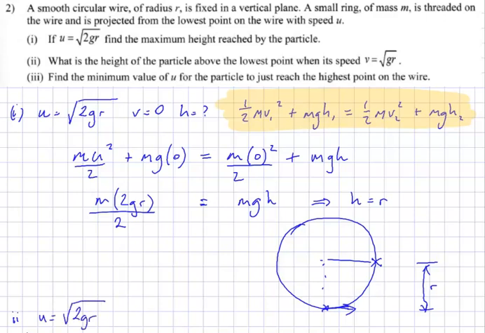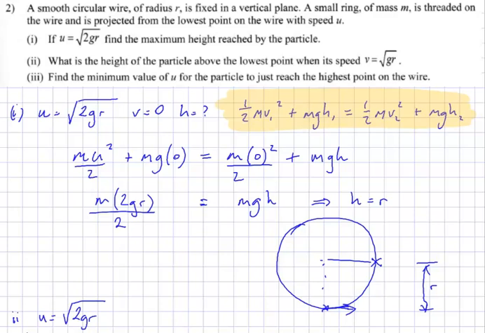But what we're asking is, in that movement that it goes side to side, how far up the side here does it go at the moment when it has a speed of root gr? So whereabouts is it when it has a speed of root gr? It obviously gets to the point where it has a speed of 0 up here, and obviously at the other side, but how far up does it go when it's at root gr?